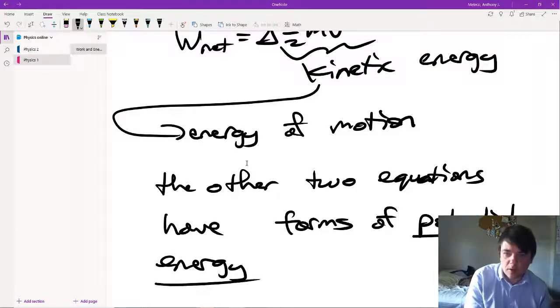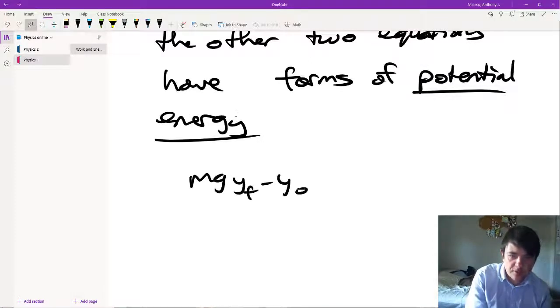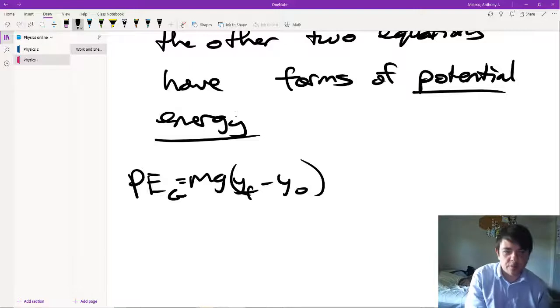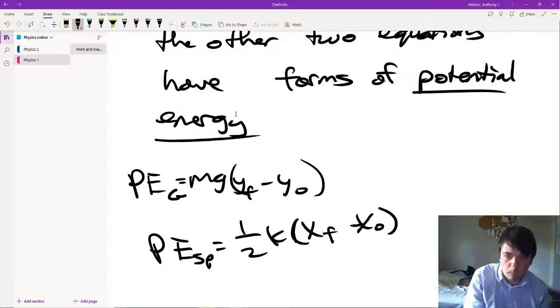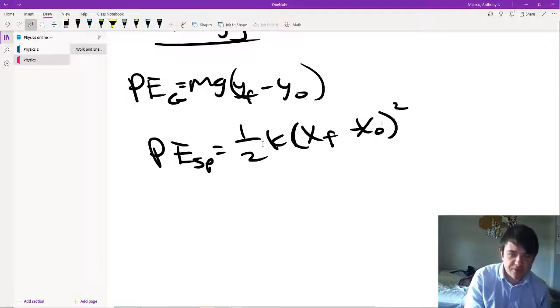And so what is potential energy? We have two forms. We have mg times y final minus y initial, and this is PE1. I'll call this gravitational potential energy. And then we have PE for the spring. These are forms of potential energy.